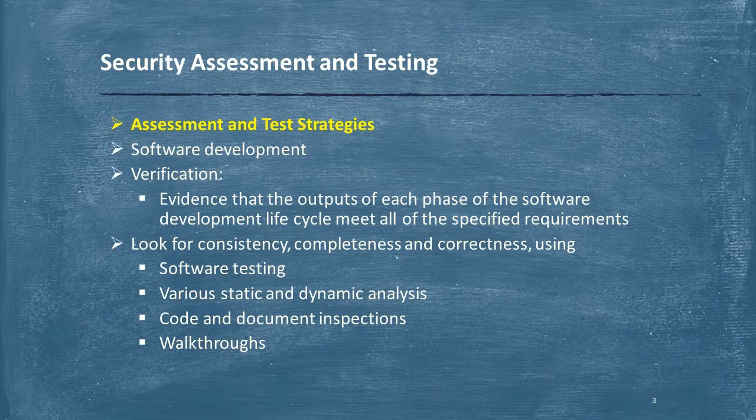Code and document inspection, in the sense the auditor or whoever is reviewing has to review the code and then do an inspection for any vulnerabilities and whether it meets the requirement, whether it is consistent, and whether it is complete and correct. The testing and walkthroughs are different methods of testing.